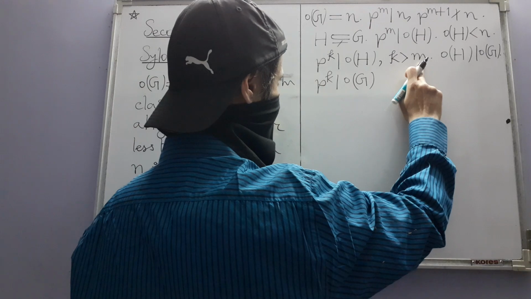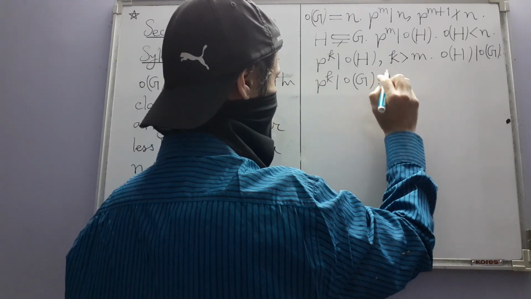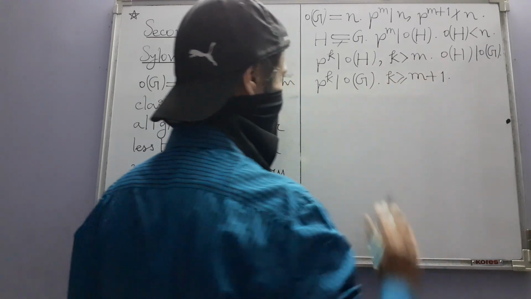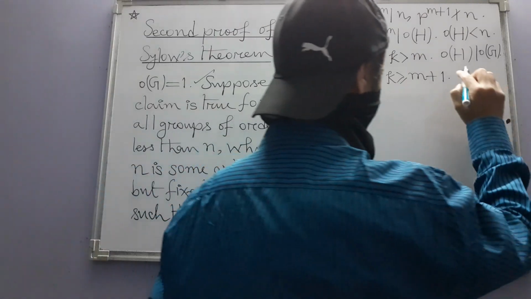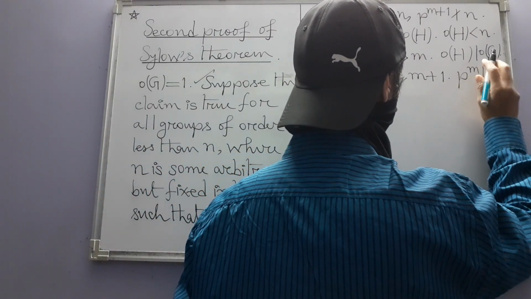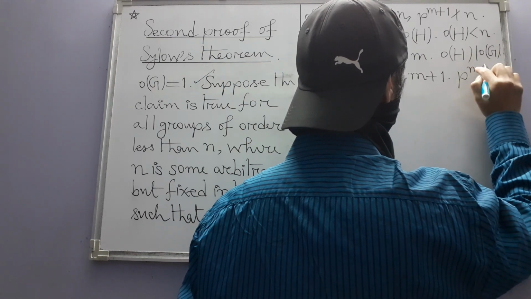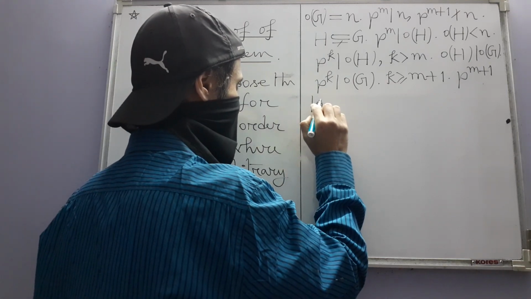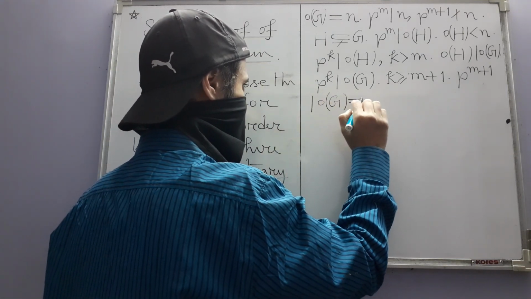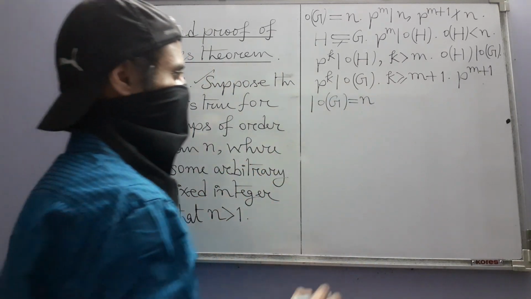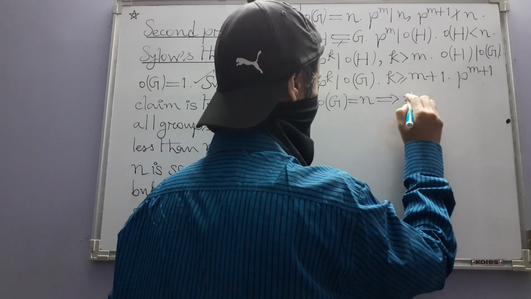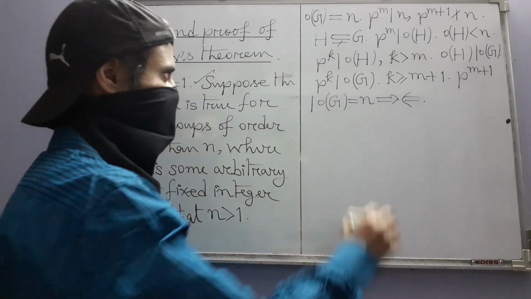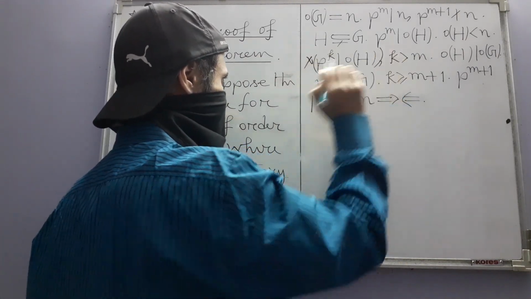Because k is greater than m, and since these are integers, k is greater than or equal to m plus 1, and so P to the power m plus 1 has to divide n, which is a contradiction.